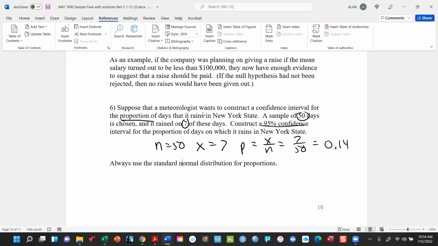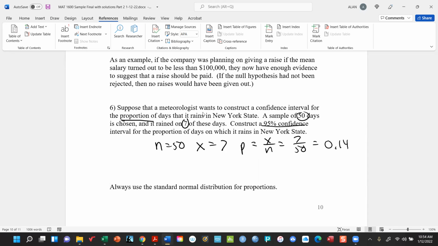Now, the way proportions work is that we have X that represents the number of times a specific characteristic happened or took place. Here, that would be raining. So the sample proportion is 7 out of 50 or 14%.